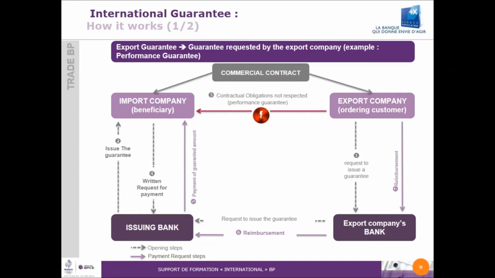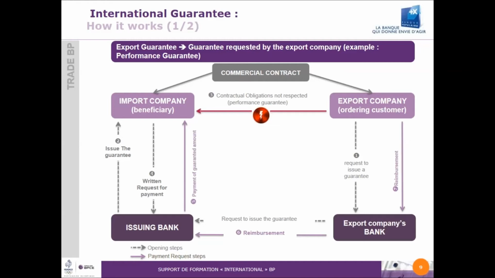The export company will ask its bank to request to issue a guarantee. The export company's bank will then request the issuing bank, usually its correspondent bank in the country of the import company, to issue the guarantee on its behalf. The issuing bank will then issue the guarantee in favor of the import company.